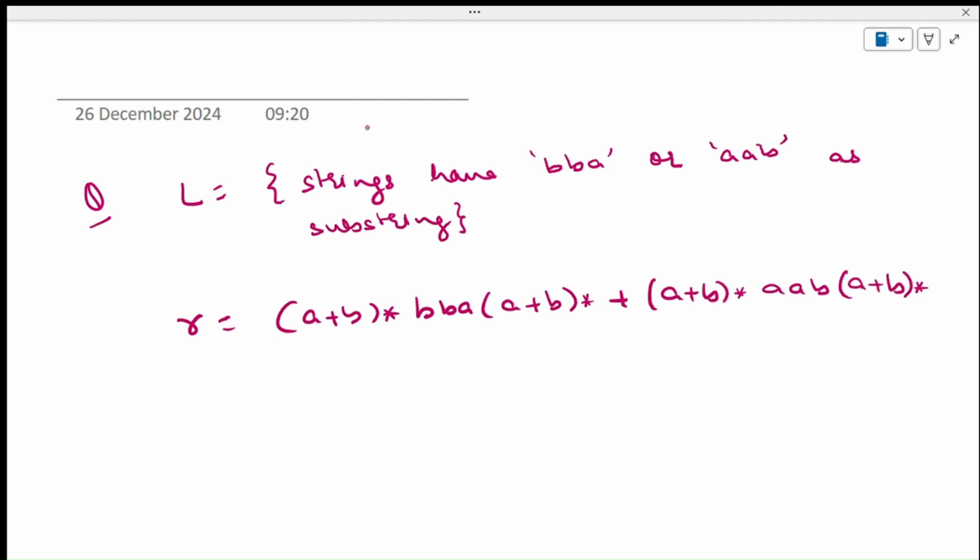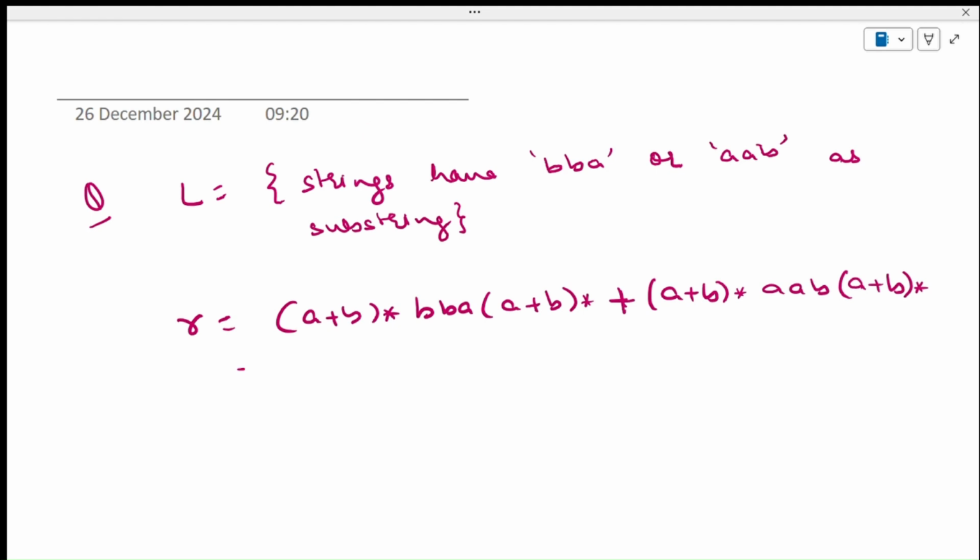The two cases: the first one is BBA as a substring, or this is the OR operator, A plus B whole Kleene closure, double AB, A plus B whole Kleene closure. That is the other condition.